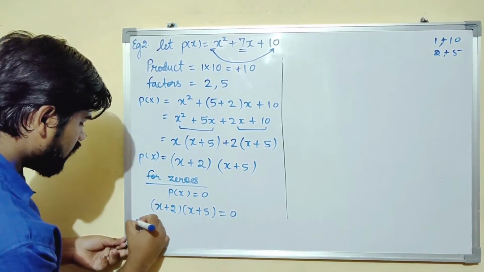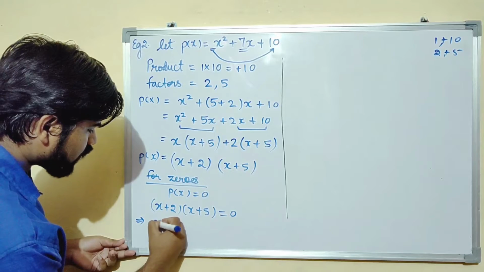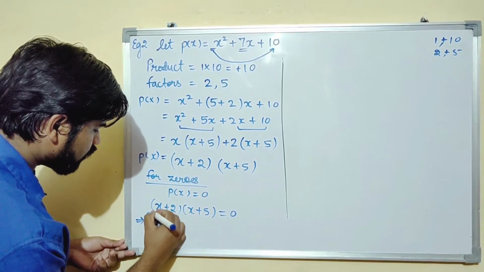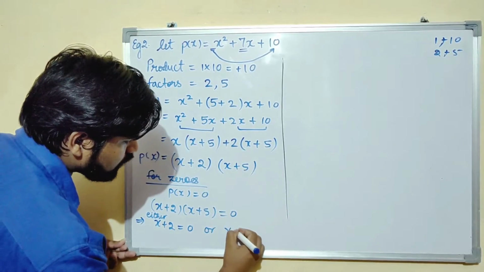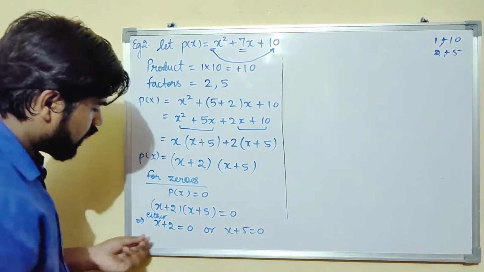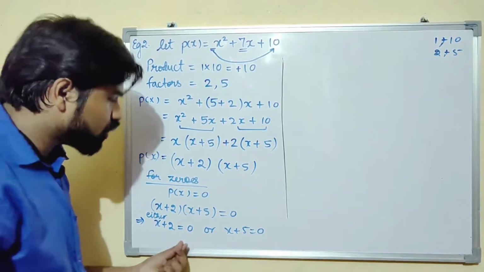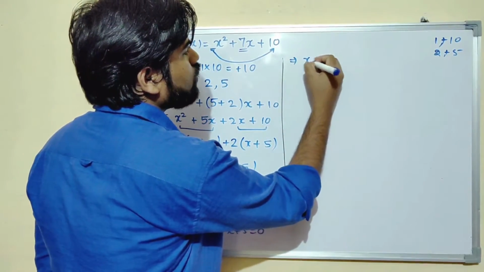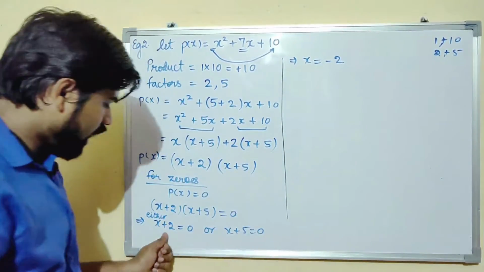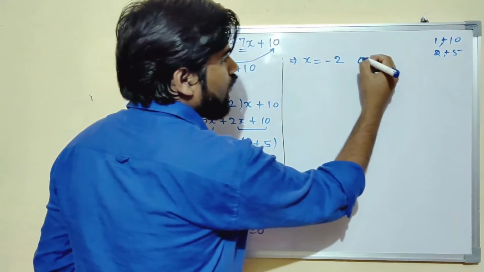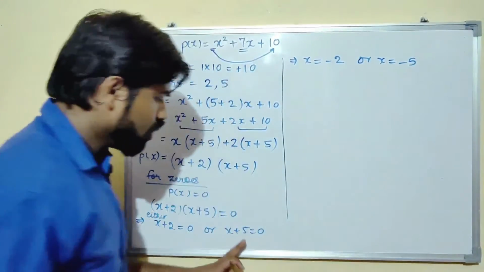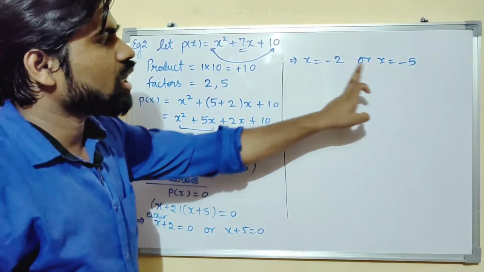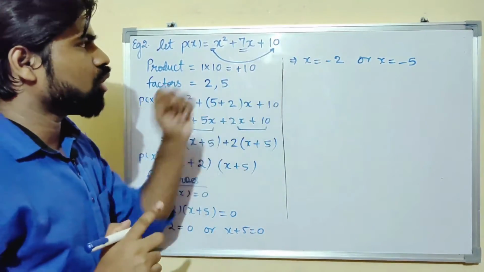So this implies that either x plus 2 equals 0 or x plus 5 equals 0. When you put x plus 2 equal to 0, you will get x equals minus 2, or x equals minus 5. So these are your two zeros of this polynomial.